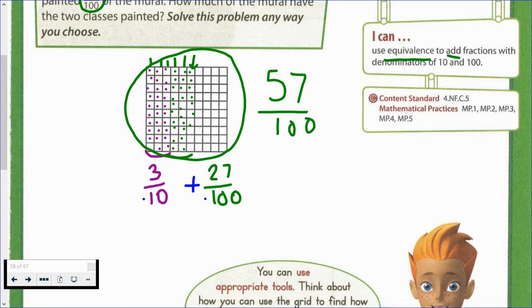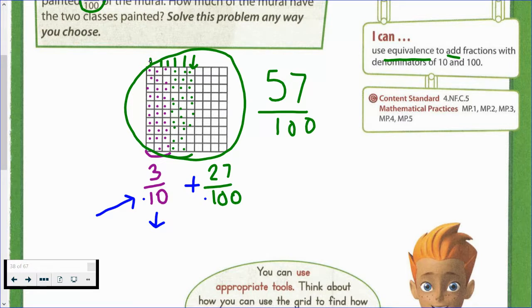So what we're going to do in these situations is take our quantity that is written in tenths, and we are going to turn it into hundredths. And this is why we spent time last week going back and reviewing how tenths and hundredths can represent the same amount.